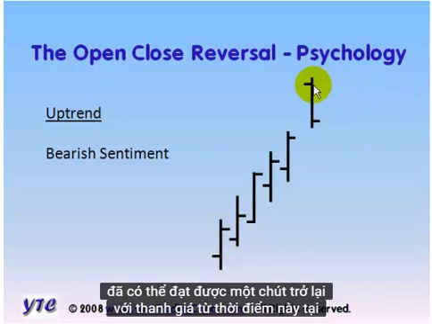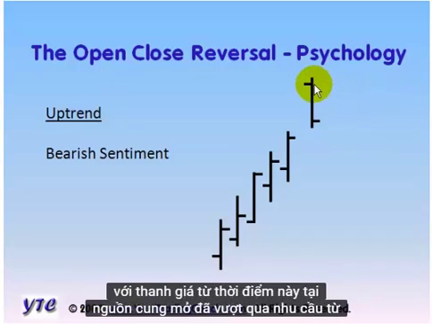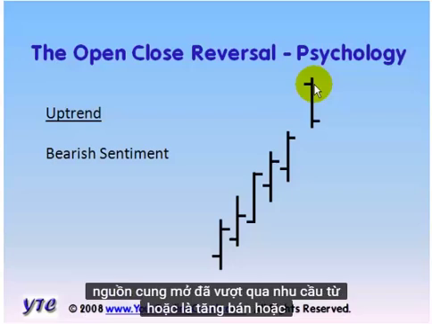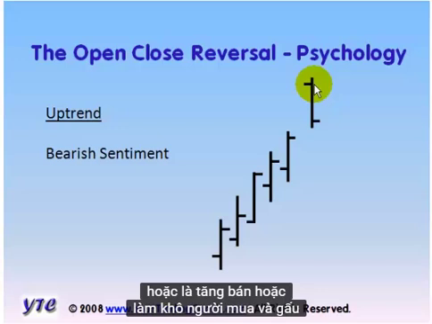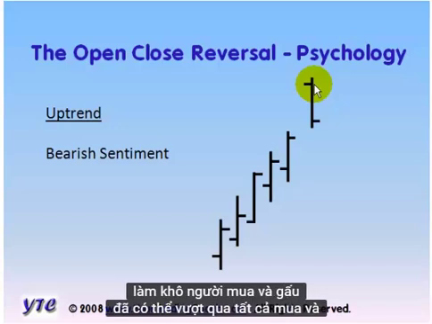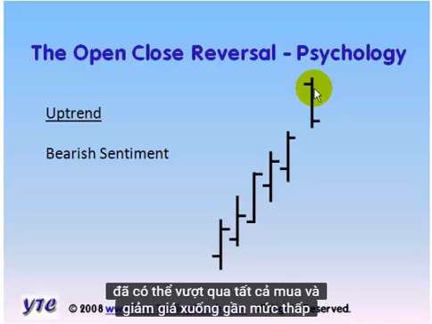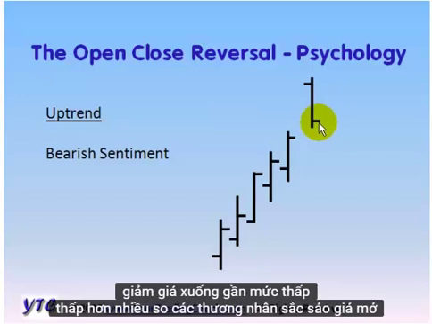From this point at the open, supply overcame demand from either an increase in selling or a drying up of the buyers, and the bears were able to overcome all buying and drive price down to close near the low, well below the open price.